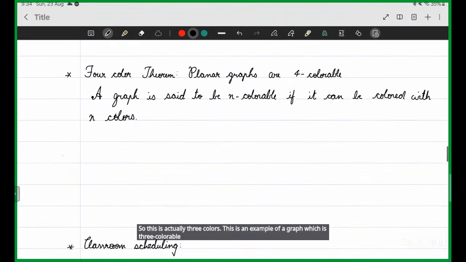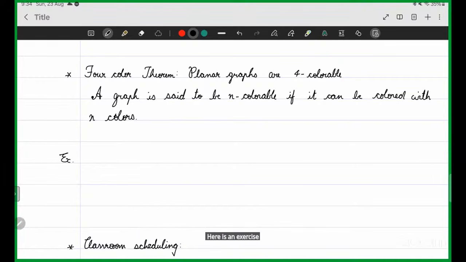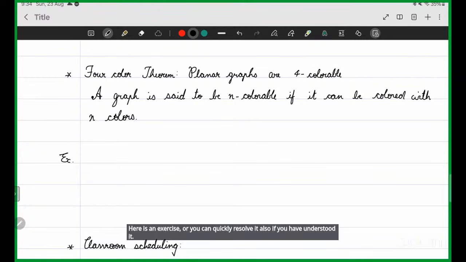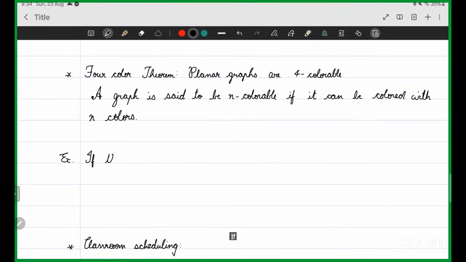So here is an exercise, or you can quickly resolve it if you have understood it. If there is a 3-cycle, do you know what a 3-cycle is? Something like this.